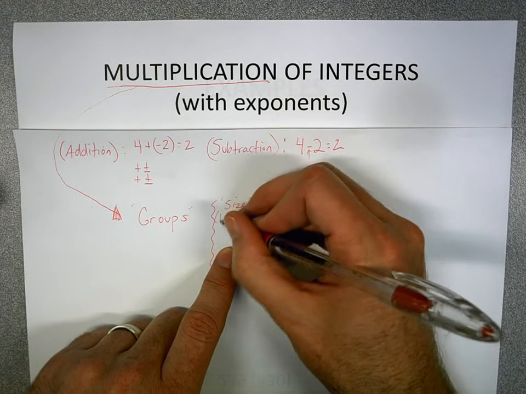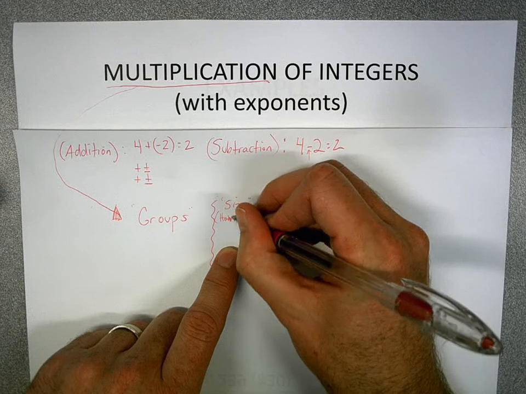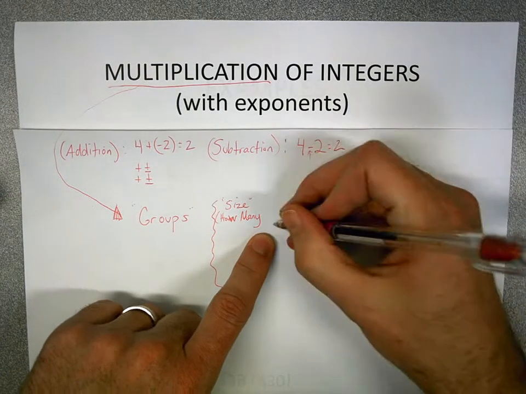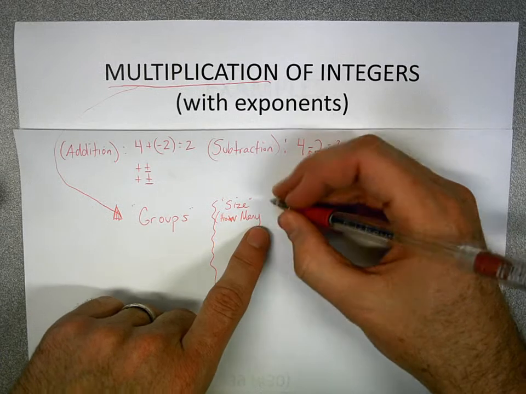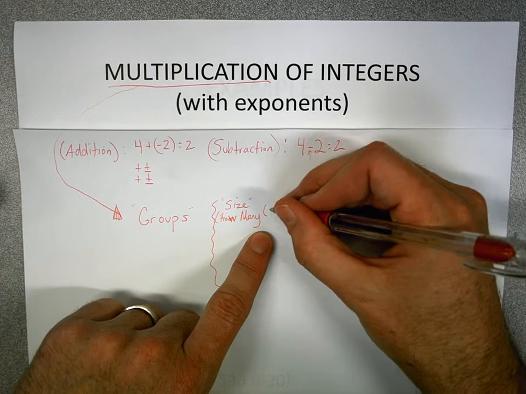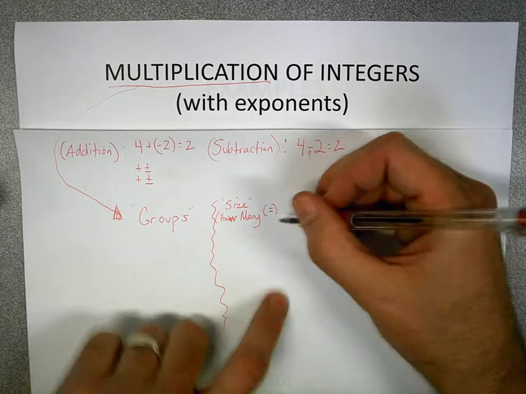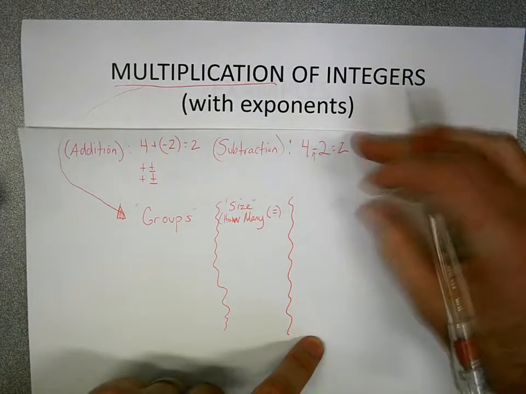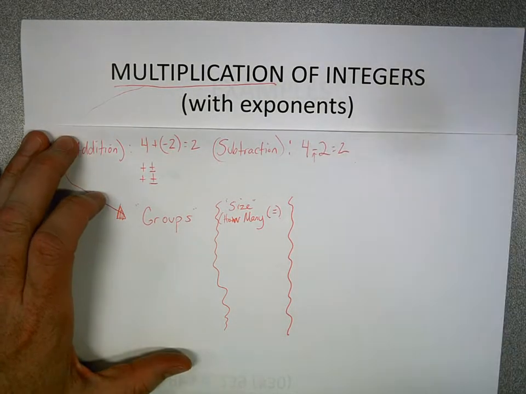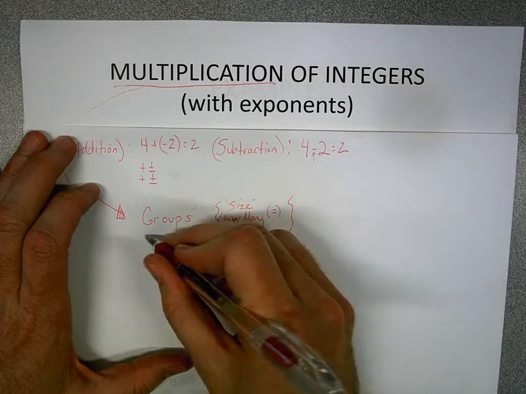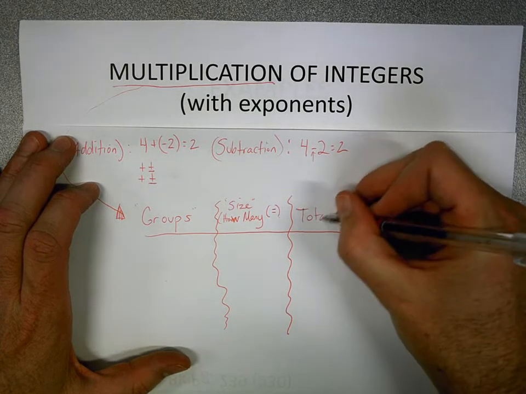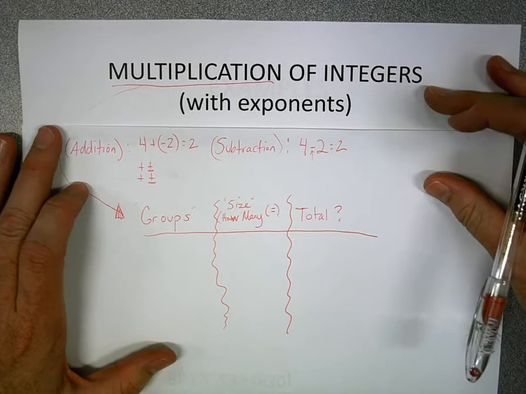This could be basically how many are in each group. So the number or the size of each group. Now a little reminder is where multiplication works, they have to be the equal amount in each group. And then the very last part is it's going to ask you, what's the total amount?